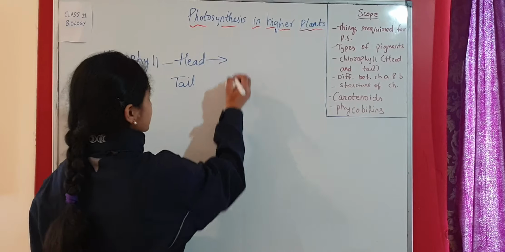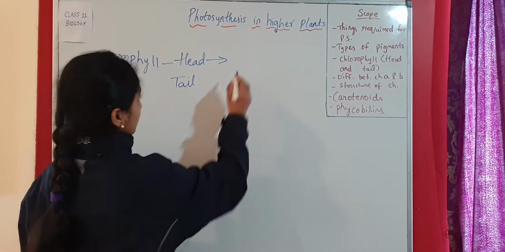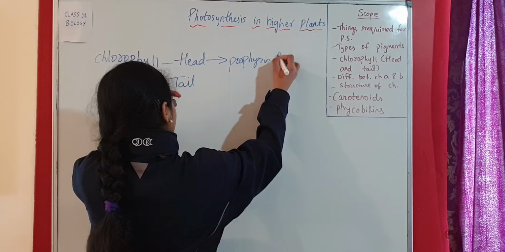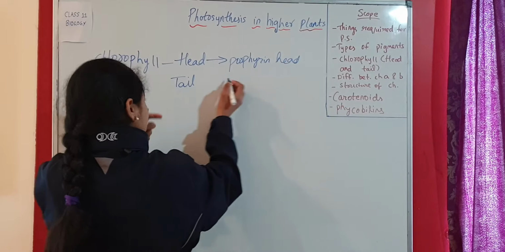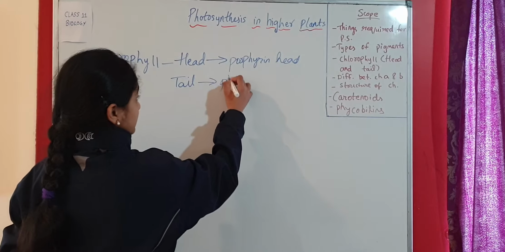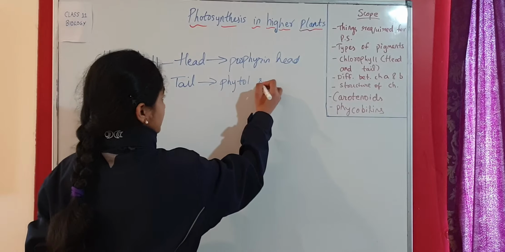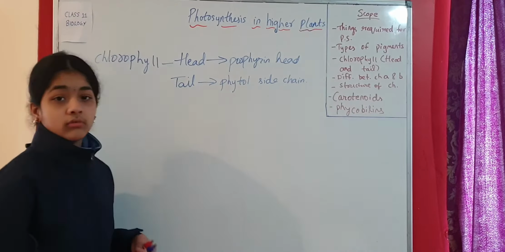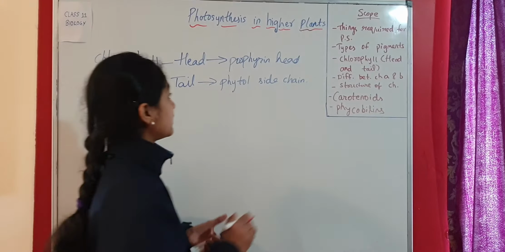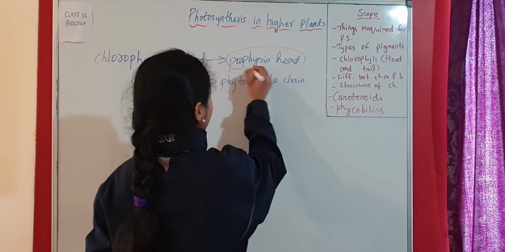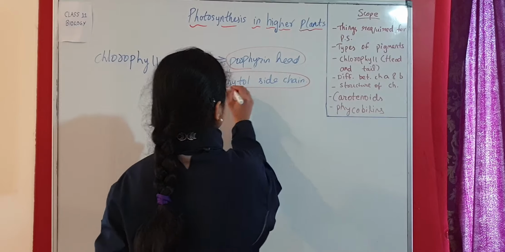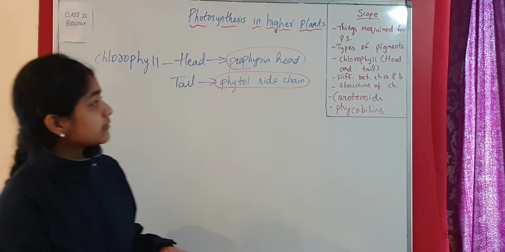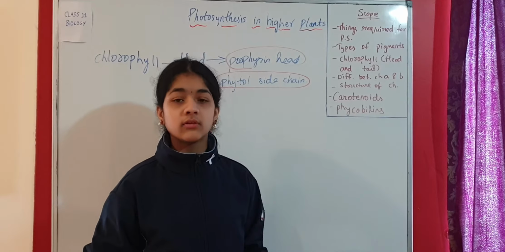The head is called the porphyrin head, and the tail is called the phytol side chain or phytol side tail.